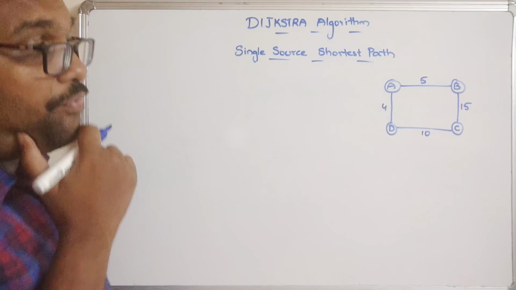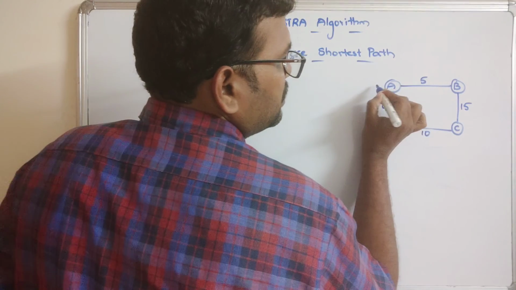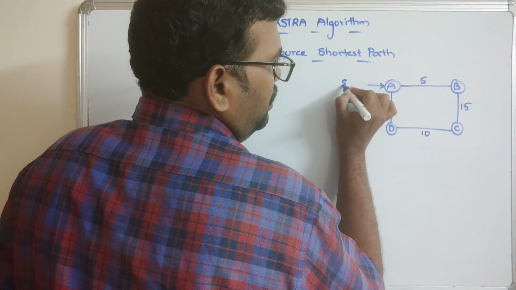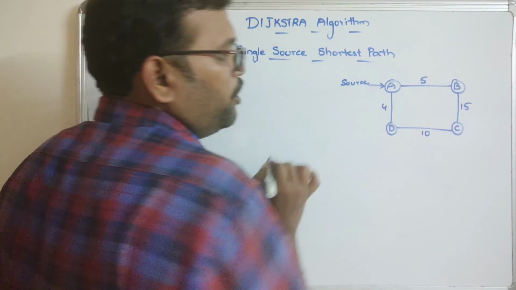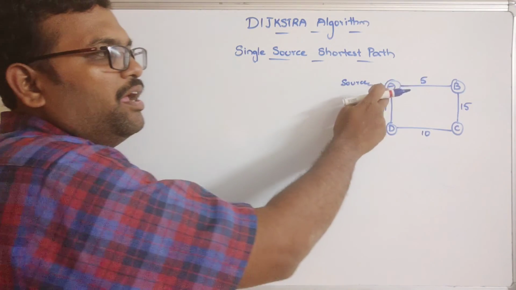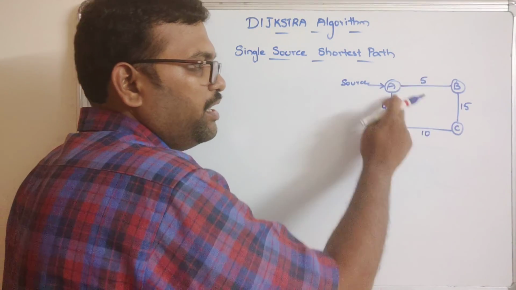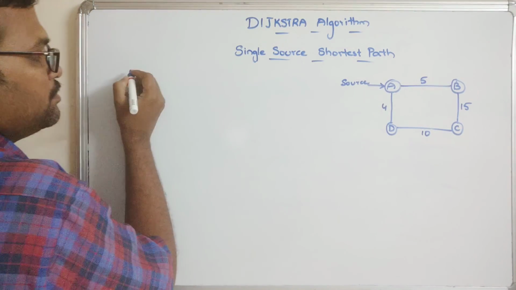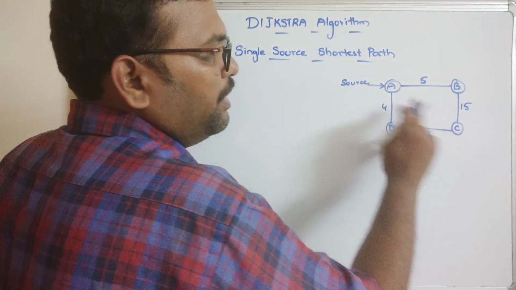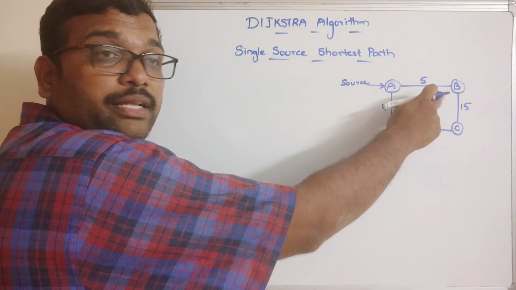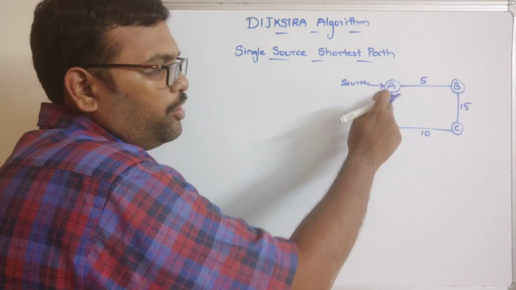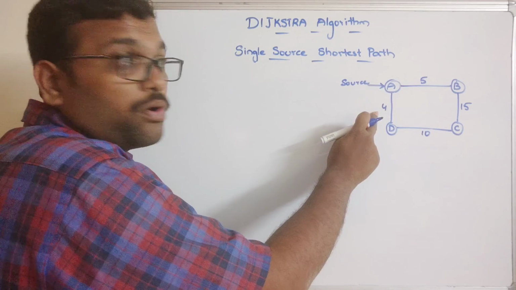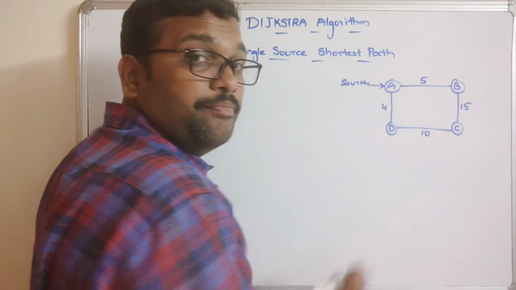Now we need to find, so this is a source. Let us assume this as the source. We need to find the shortest path from A to B, A to C and A to D. Usually, A to B there is only one edge, that is 5, and A to D there is only one edge, it's 4. What about A to C?